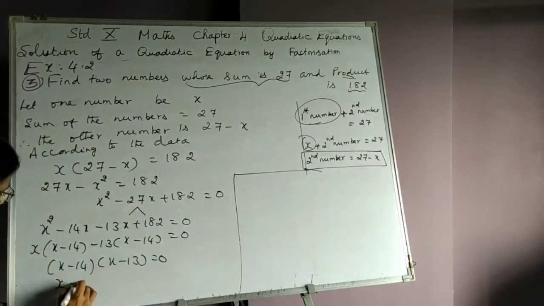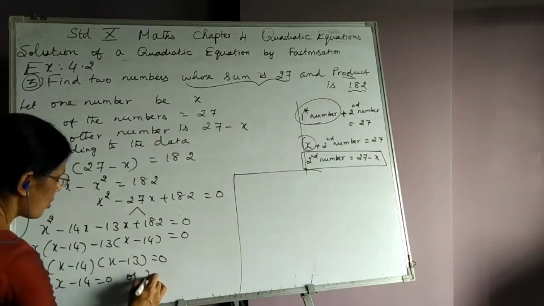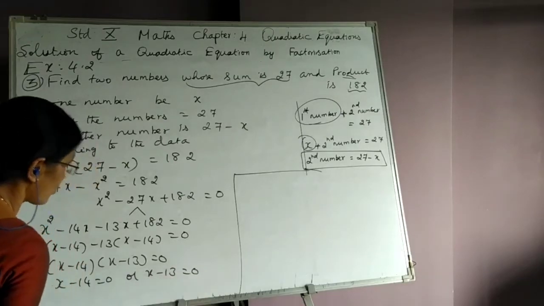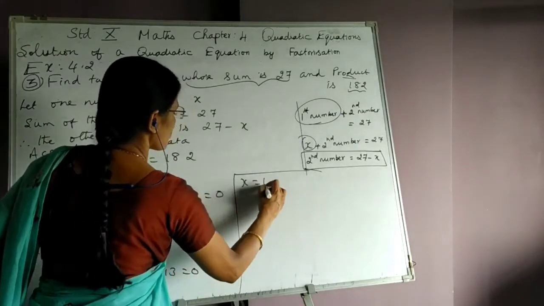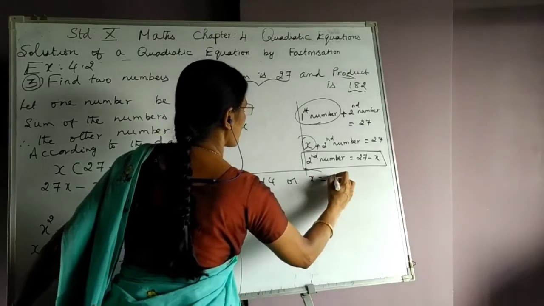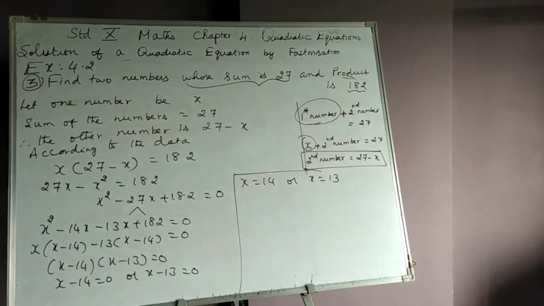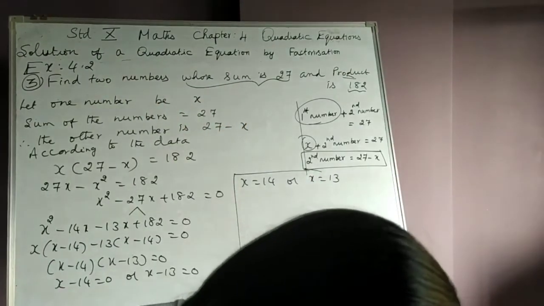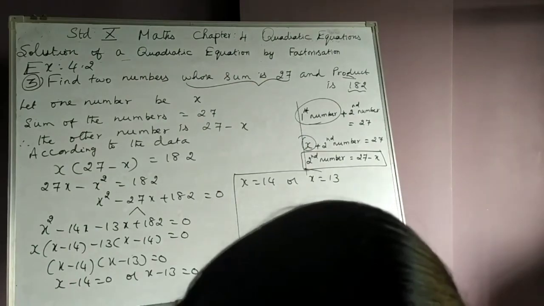Equating each factor to 0, x minus 14 equal to 0 or x minus 13 equal to 0, we get x equal to 14 or x is equal to 13. So we got both the numbers as positive numbers, 14 and 13.